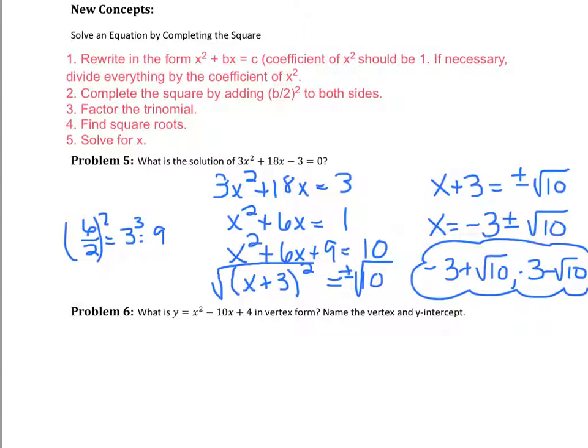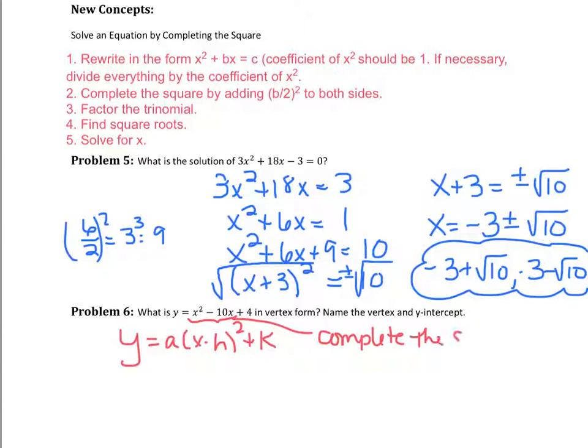It says, what is y equals x squared minus 10x plus 4 in vertex form? Name the vertex and the y-intercept. This is kind of funny. If you remember, vertex form is y equals a times x minus h, the quantity squared, plus k. So what we're really going to do is complete the square on the first two terms, and then we'll have it in that form.